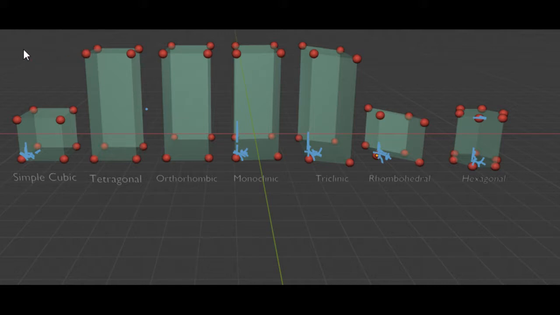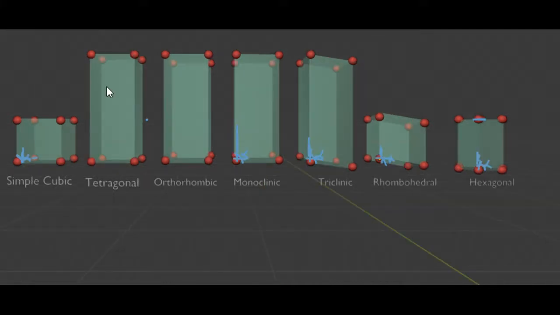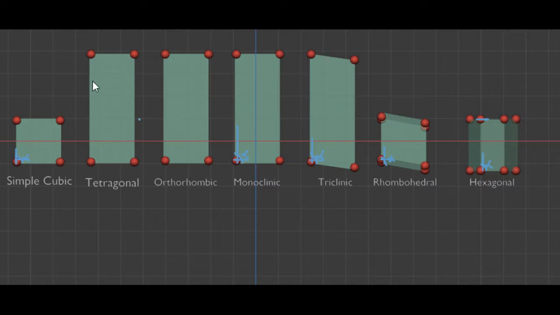But all you have to know is that when I say the height is different, it means that one side is different, right? Because there are two edges from the front view of the height and two edges from the front view of the breadth. Whenever I say height is different, that means one side of the three, that is height, breadth and length, is different.